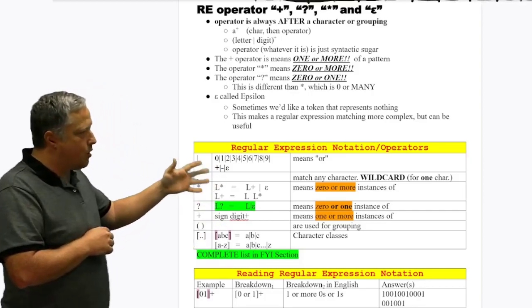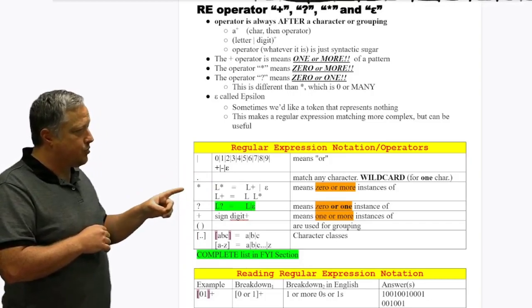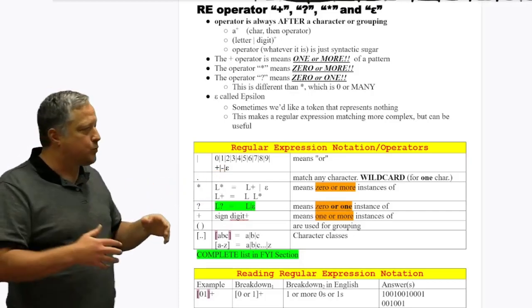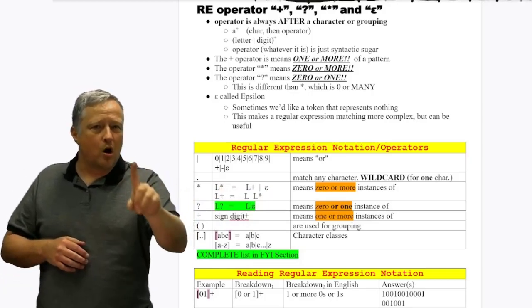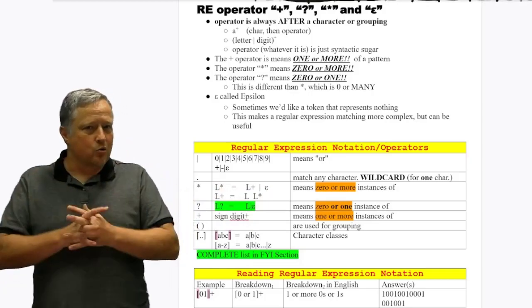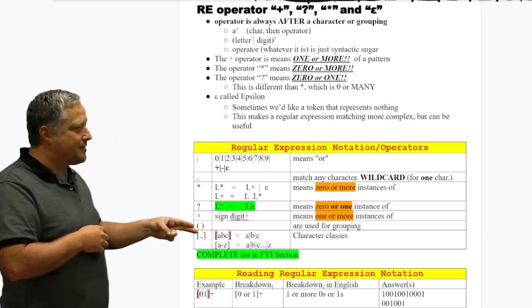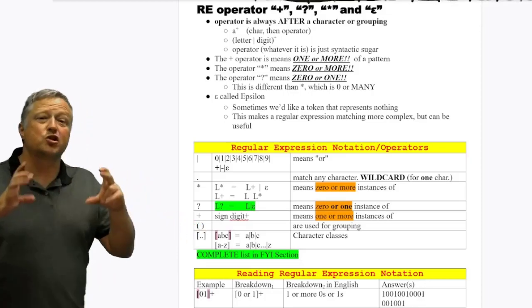So here's a chart going over the exact same thing. But there are two things I didn't go over yet. One is a dot. If you see a dot in a regular expression, it means that you can match with any character, and it's for only one character in your grammar set. Then we have our character classes, and they're going to be surrounded by square braces.